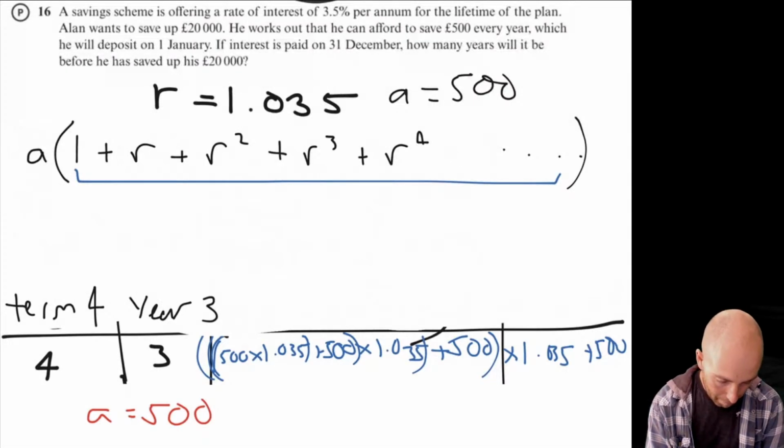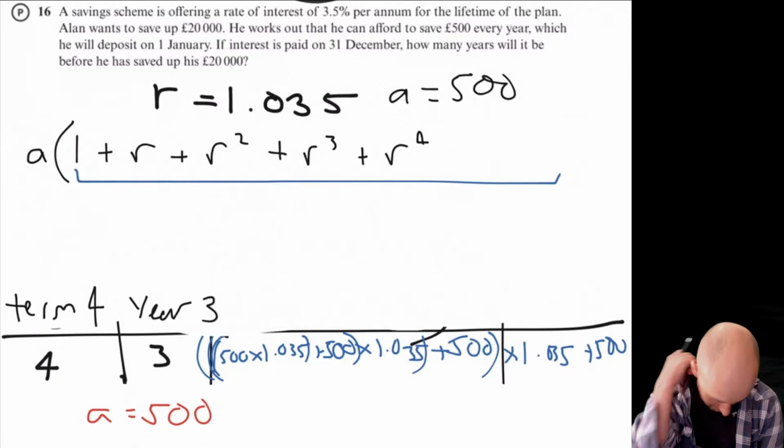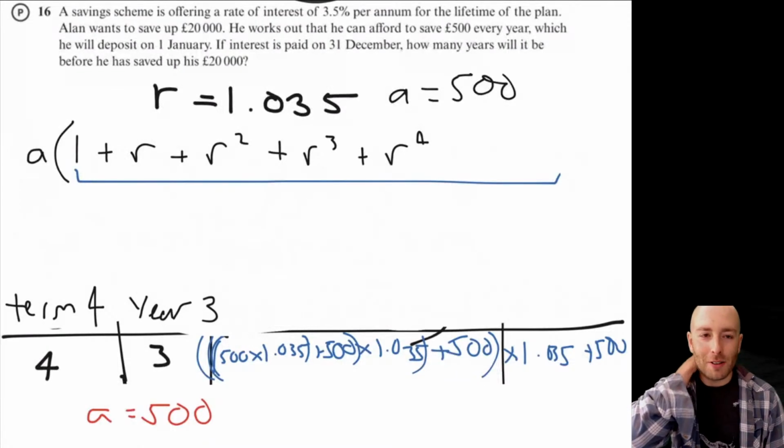I wish I hadn't rubbed all this out. Where did we get up to? I'm just going to rewind and see where I got to there. Yes, it goes up to r cubed.